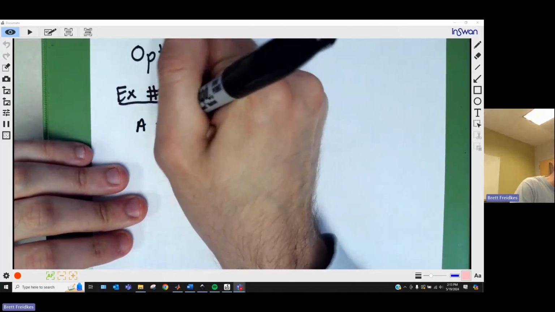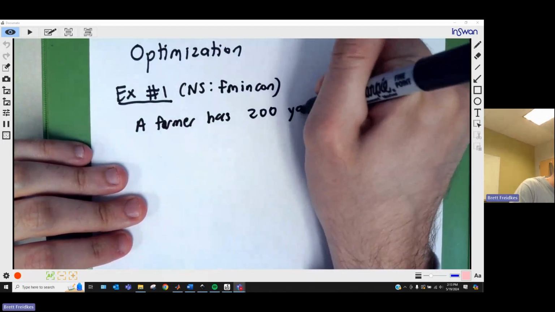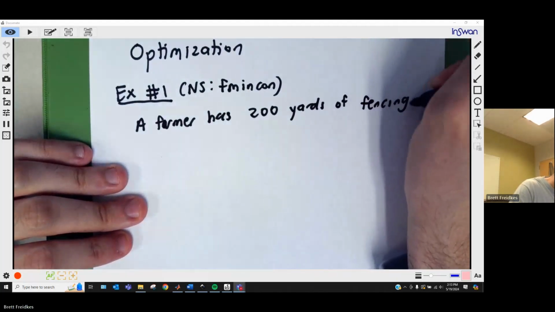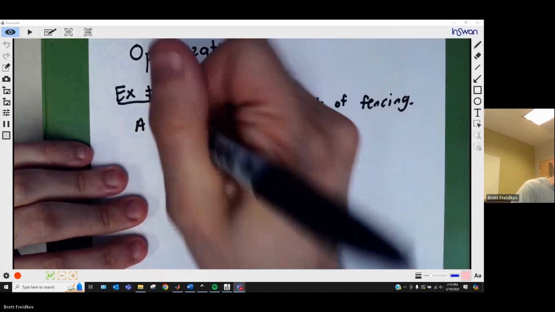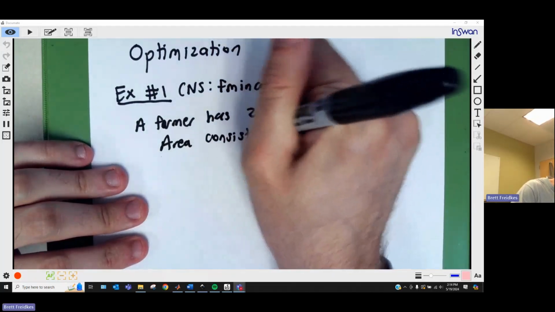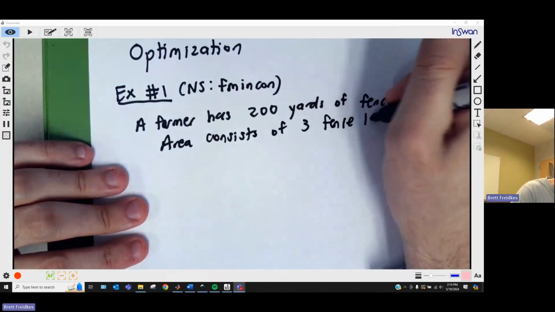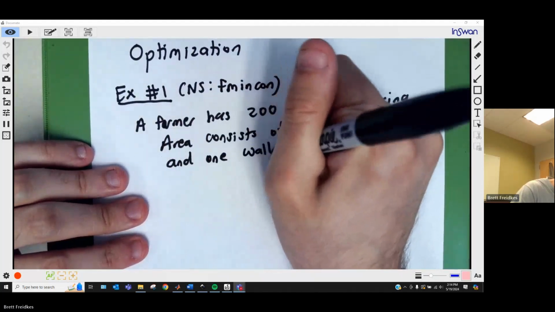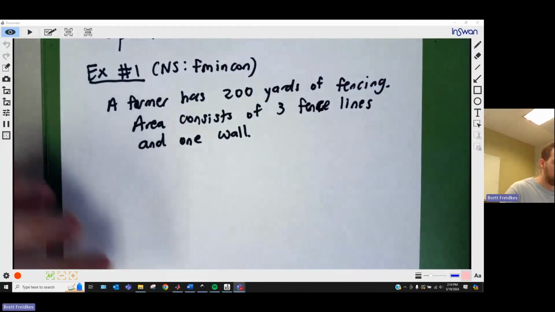But the example is a farmer has 200 yards of fencing, and they want to enclose some rectangular area where the area consists of 3 fence lines and 1 wall.